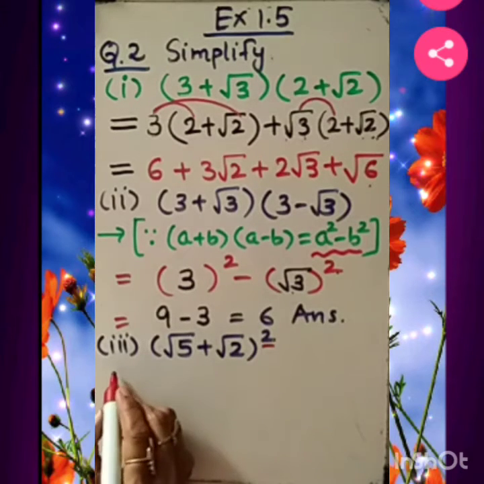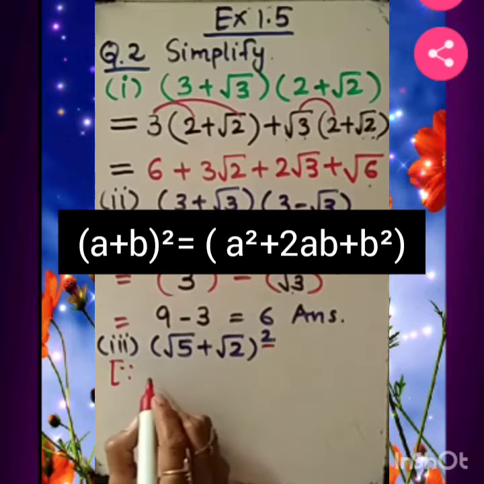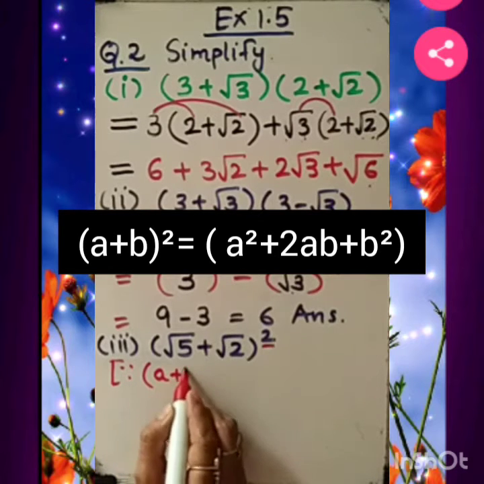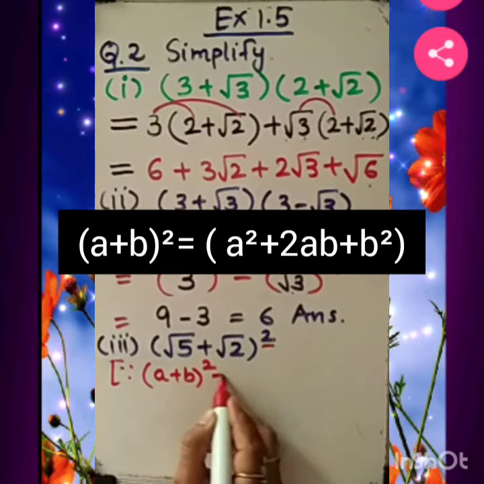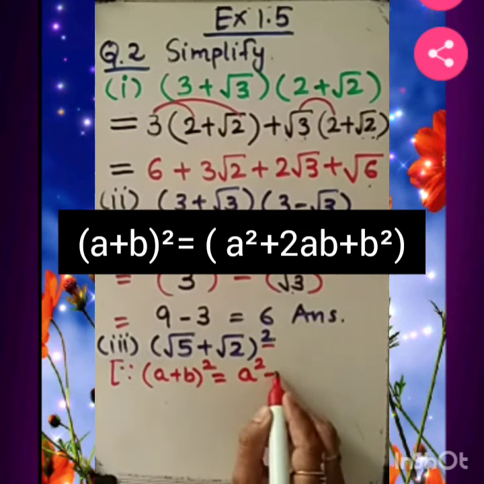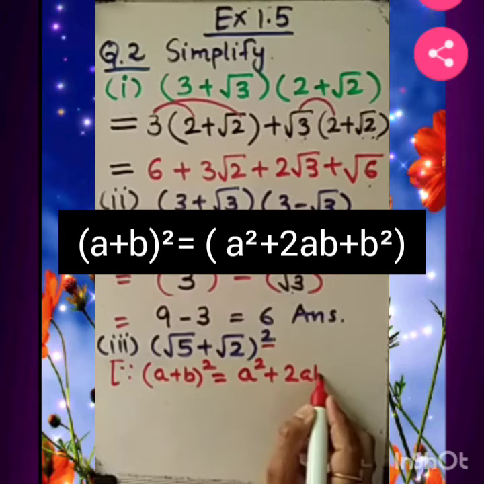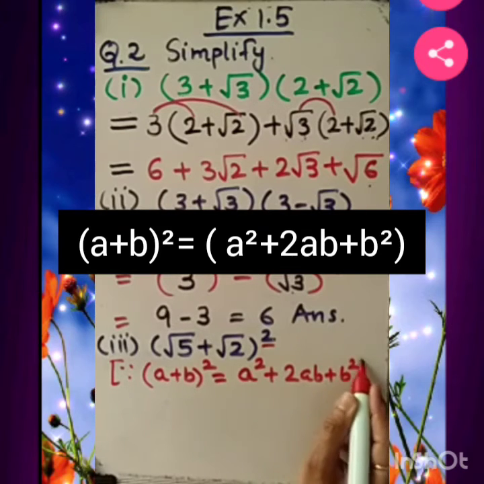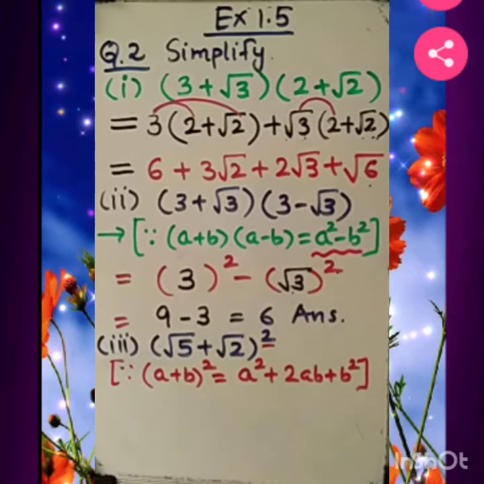So which identity are we going to apply here? The identity of a perfect square. We know a plus b whole square equals a square plus 2ab plus b square. Please remember, because we are going to use the same identity in chapter 2, Polynomials, again and again.